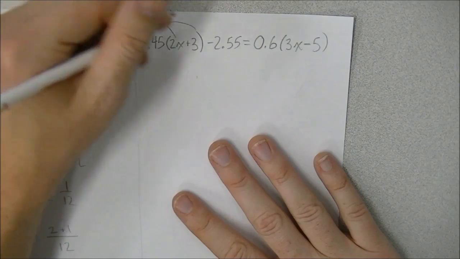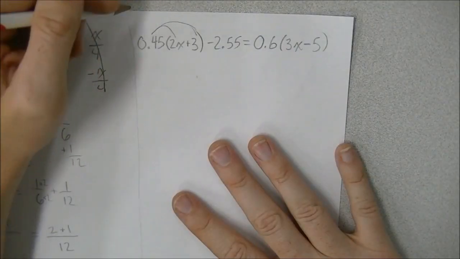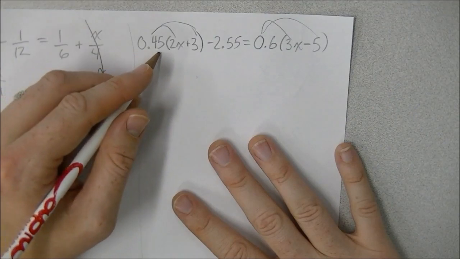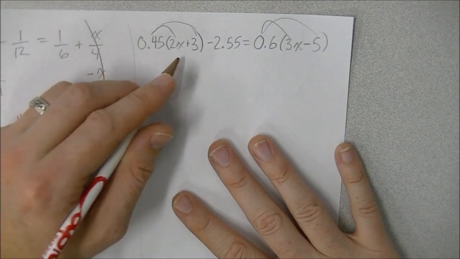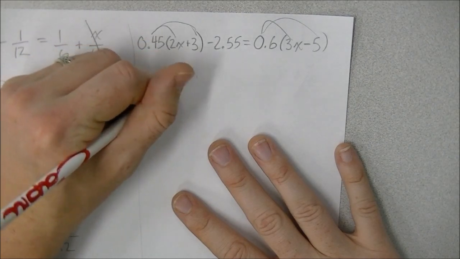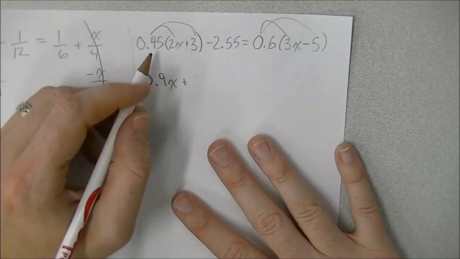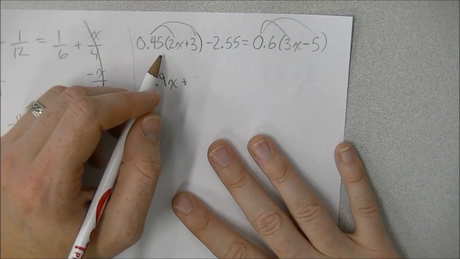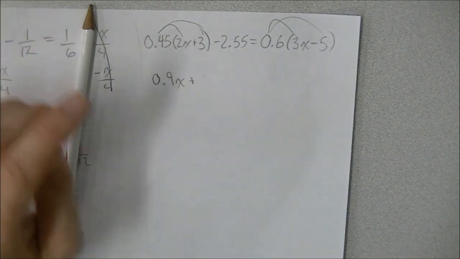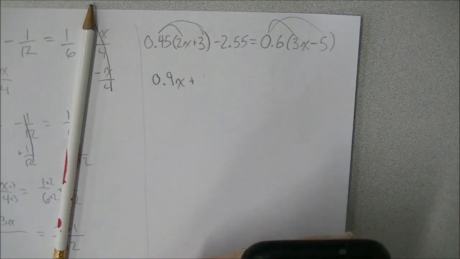So I'm going to multiply through to distribute there and there. So 0.45 times 2x is going to be 0.9x. And now 0.45 times 3 is, oh, okay, this is getting to be a calculator moment, so let me get out the calculator.